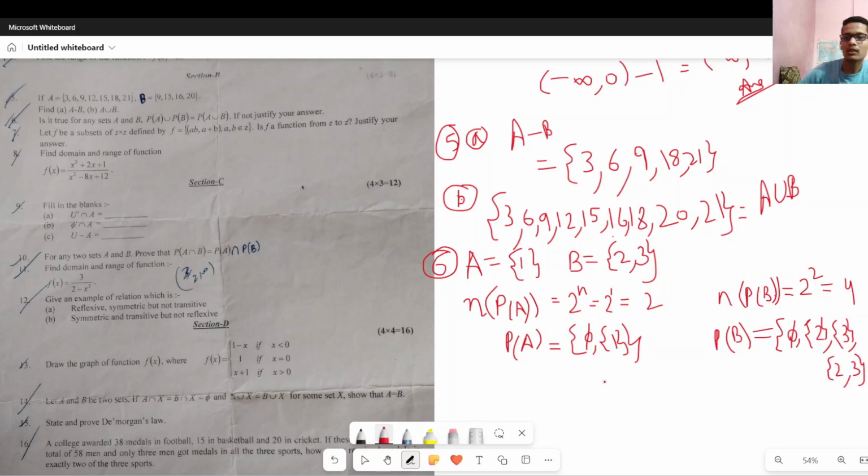I will not make this question too big because it's only a 2 mark question, and we have to write just here whether it is true or not and then justify. Okay, so if I make the union of power set of A union power set of B, rather than doing its union, I will simply ask you what are the number of elements in the union of these power sets of A and B. See here, phi is in both, so phi will be counted only once, and then {1} is only here and {2}, {3}, {2, 3} are here.